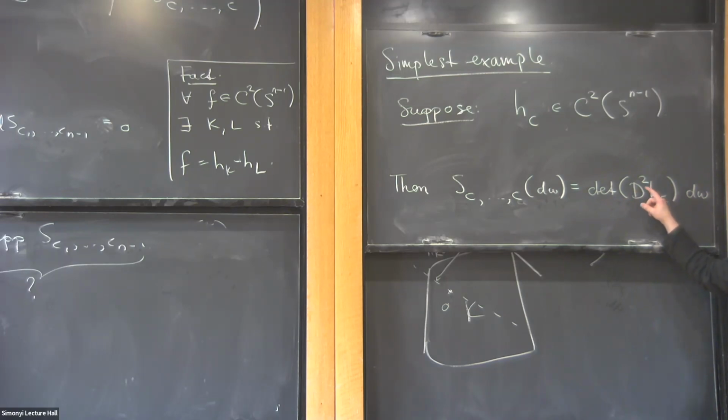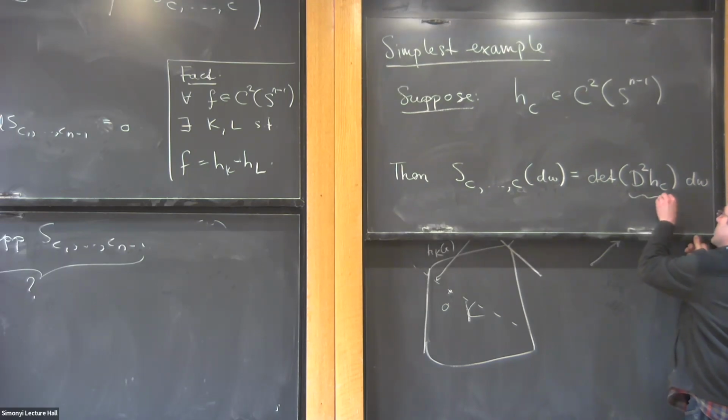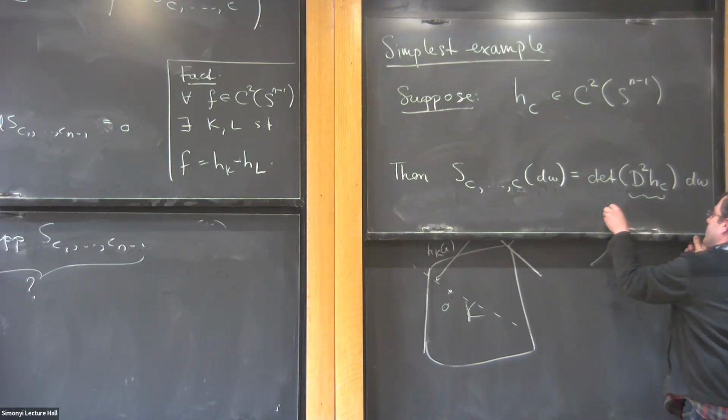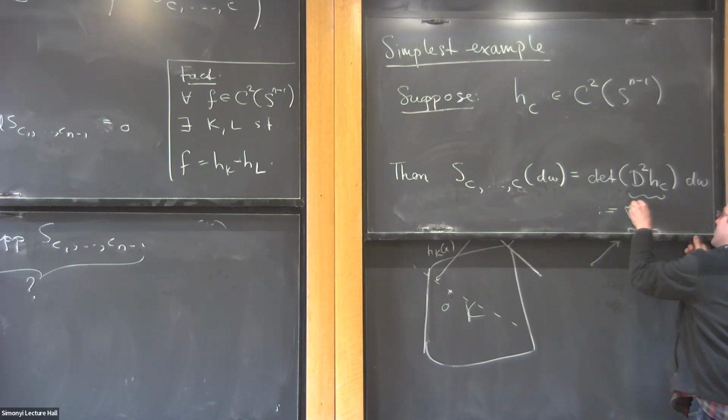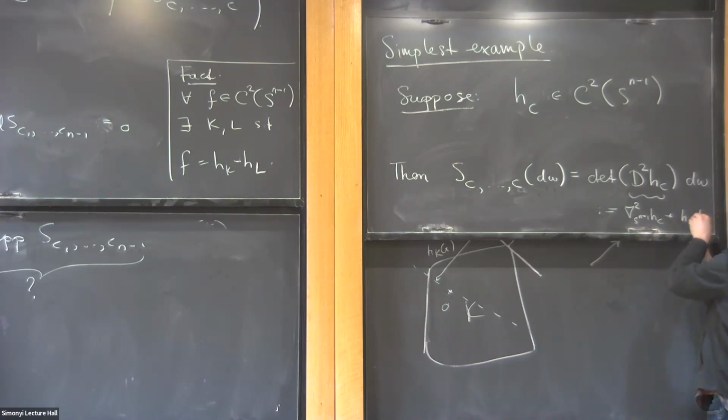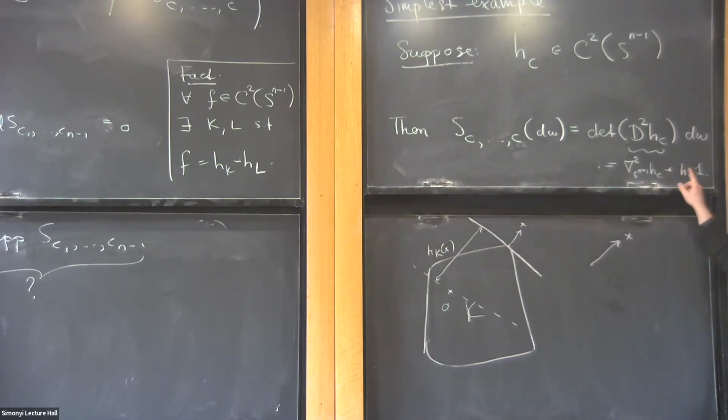I don't mean here the covariant Hessian on the sphere. You can express this in terms of the covariant Hessian on the sphere, plus h_C times the identity. So you need some correction for the curvature. You can think of this as the Hessian in Rn.